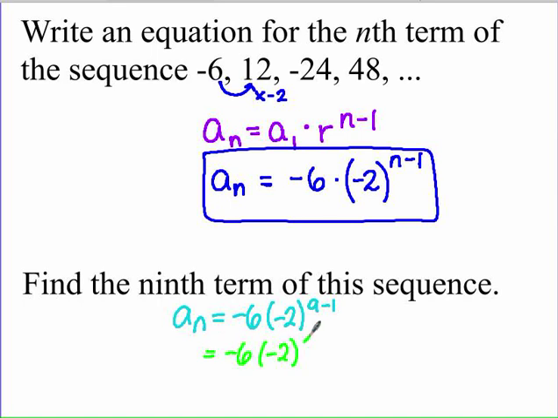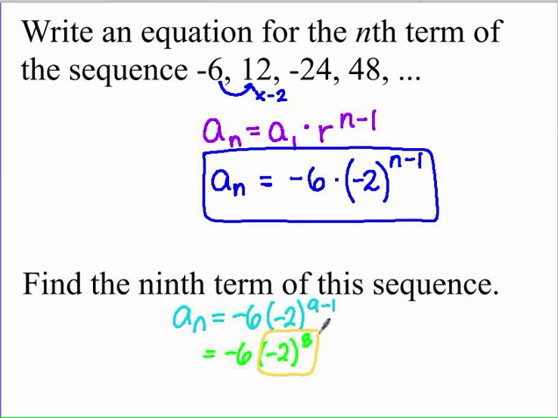Do you remember how we did this yesterday? What we do first is the negative 2 to the 8th power. On your calculator, be really careful how you do this, because the negative 2 needs to be in parentheses.